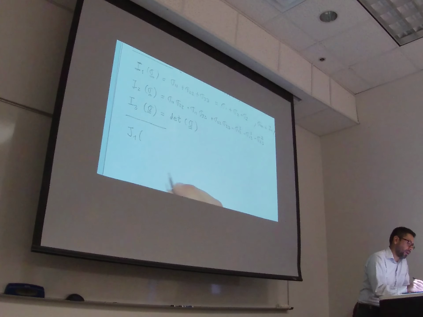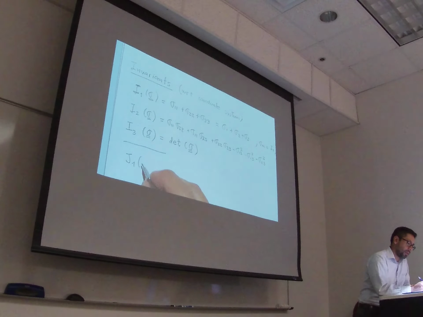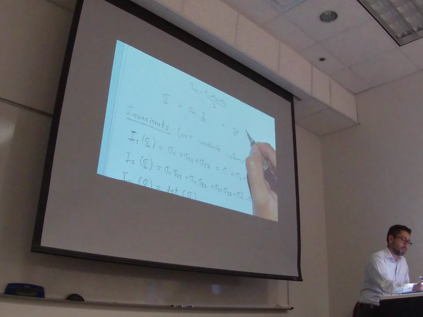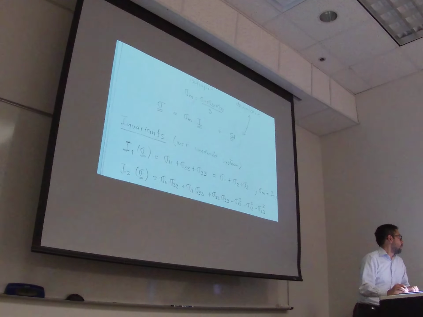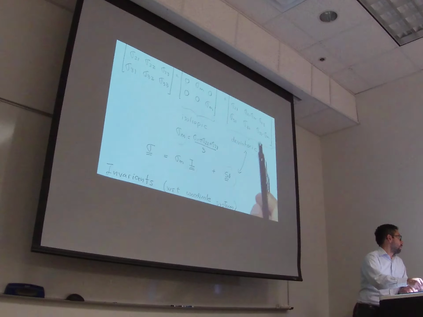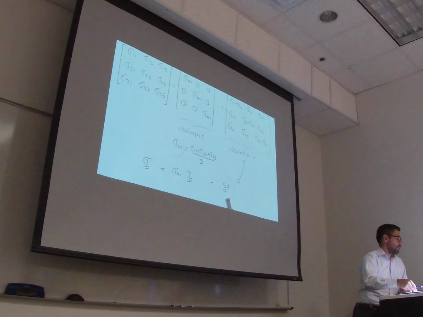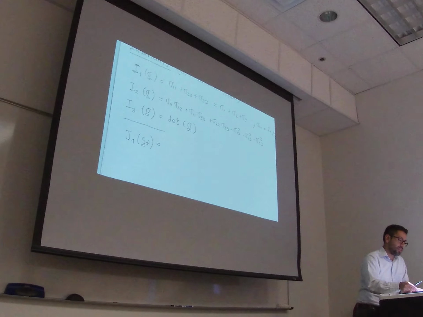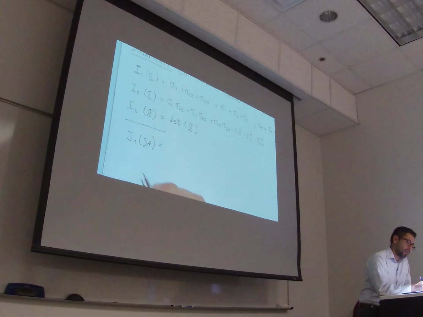J1 of the deviatoric stress tensor, which is this one. So this stress tensor is the deviatoric part, and it has its own invariants, J1, J2, and J3.